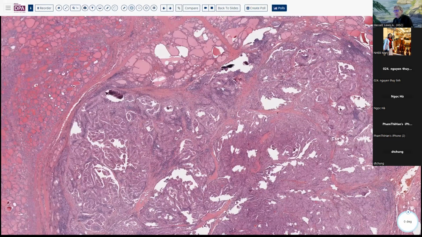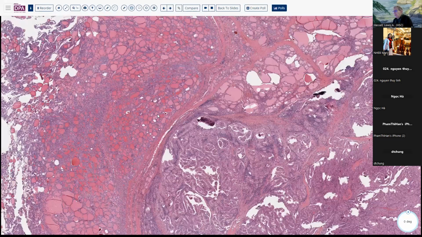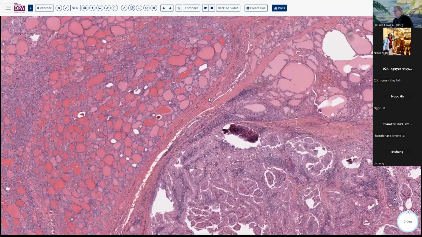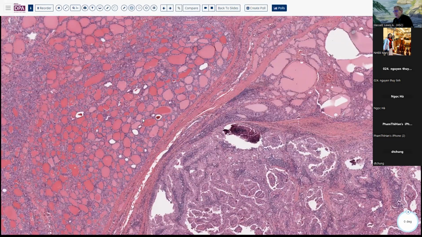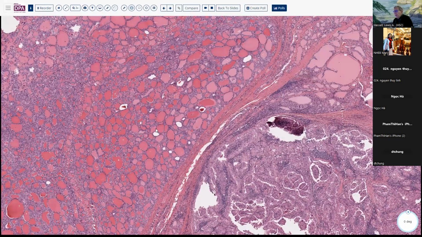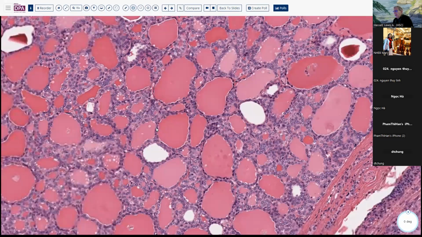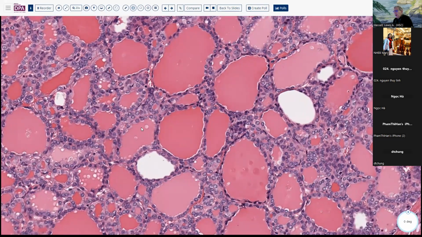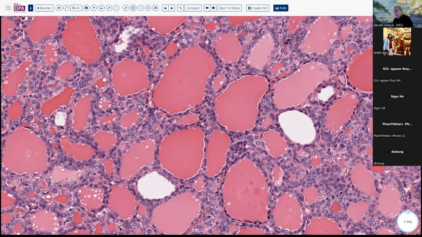But if we look at this lesion over here, here we do see this capsule, and we see, again, solid to totally follicular pattern growth. But lo and behold, when we look at higher magnification here, again, we're seeing this clearing of the nuclei. We're seeing a little bit of nucleoli, some overlapping of the nuclei.